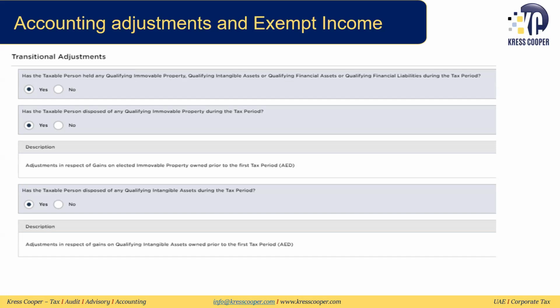Has the taxable person disposed of any qualifying immovable property during the tax period? If it has, then you will have to put in the amount for the adjustment. Has the taxable person disposed of any qualifying intangible asset during this current tax period? If the answer is yes, again, the adjustment has to be made for those qualifying intangible assets that were owned prior to the first tax period.